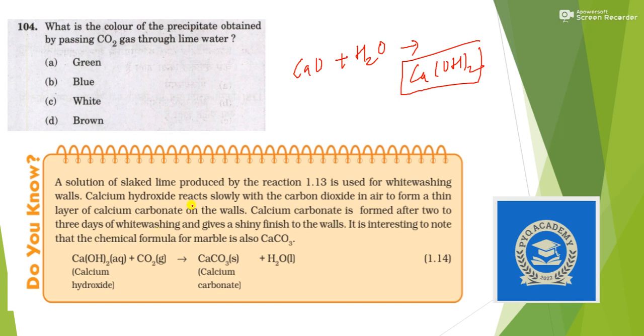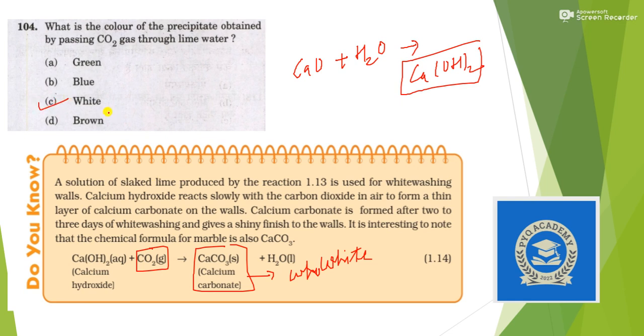Again, when this slaked lime comes in contact with CO2, after reacting with CO2 it forms CaCO3, which is white in color. And the question is asking about this precipitate. White in color. So our answer is option C.